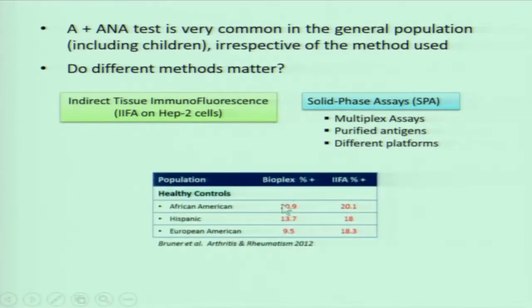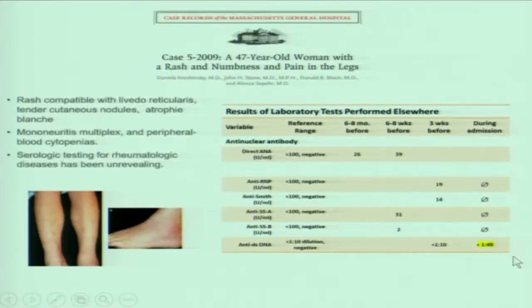But essentially what you can see here is that whether you use a solid phase assay, the Bioplex, which is probably the best documented out there, and which, as Dr. Alter tells me, we may actually move to here in-house in the near future, or the immunofluorescence, the results are comparable in the healthy population and fairly high in the healthy controls, as you can see here, either way.